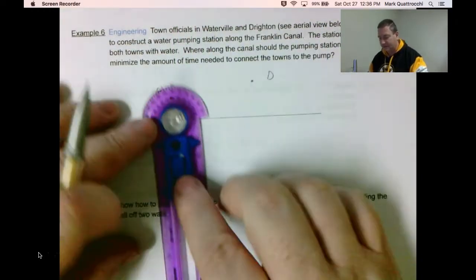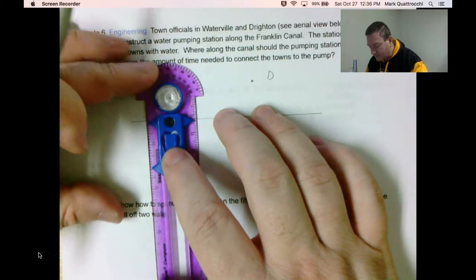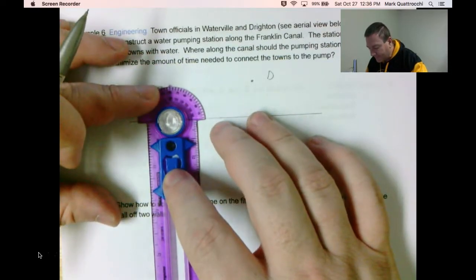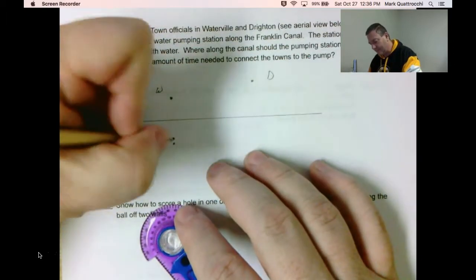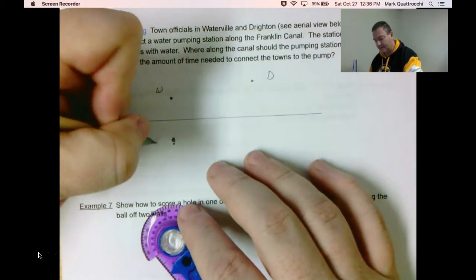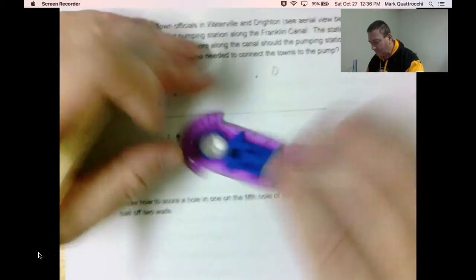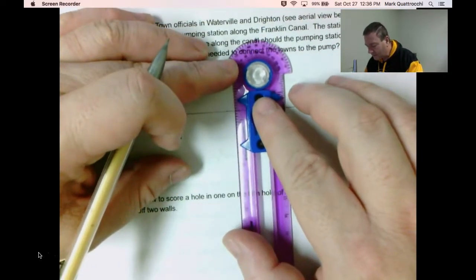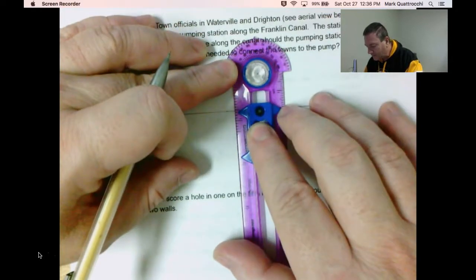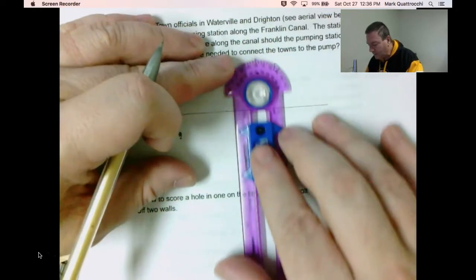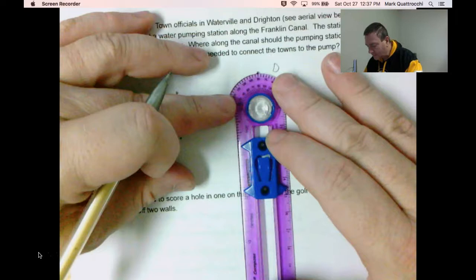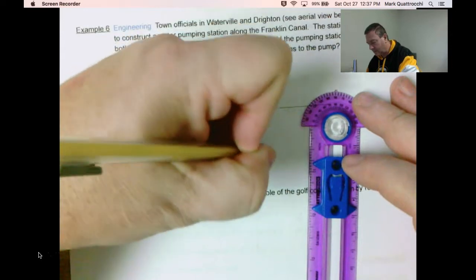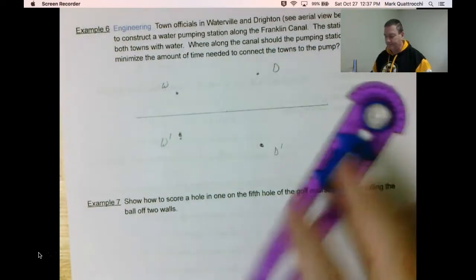You know what? I have this compass. Let's use it. Set my distance. There we go. So that is W prime. D prime is right there.